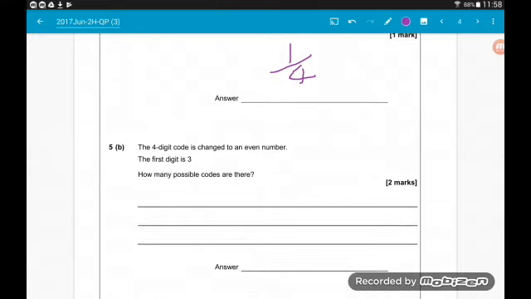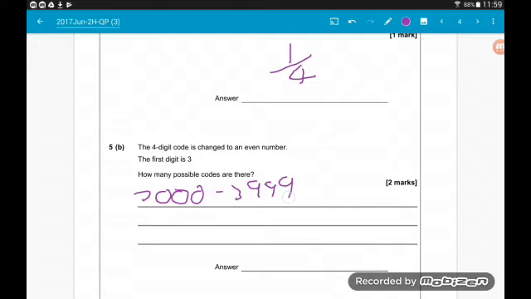So the 4-digit code is changed to an even number. The first digit is 3. How many possible numbers could the code be? So there's a couple of ways we can think about this. We know the first digit is 3. So all possible combinations are between 3,000 and 3,999.